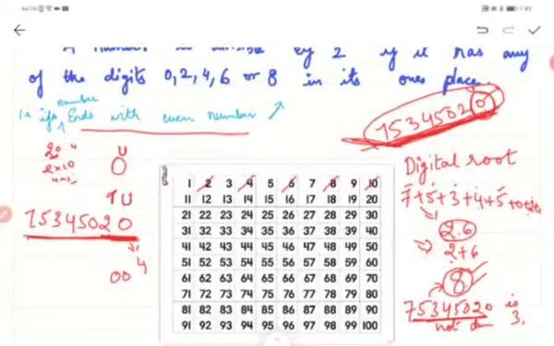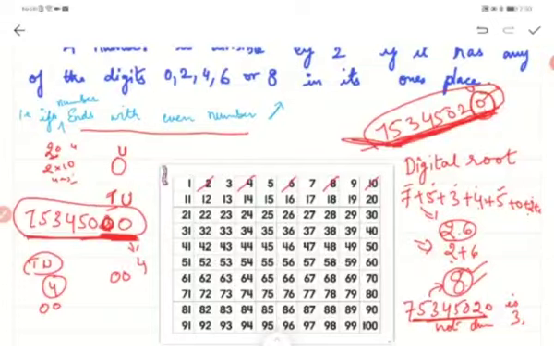And if it was 0 0 here, immediately by looking at the units and tens place you can say that it is divisible by 4, because it is a rule that if the number at units and tens place is divisible by 4, or if it has 0 0 there, then the whole number is divisible by 4. Hope I'm very clear about this.